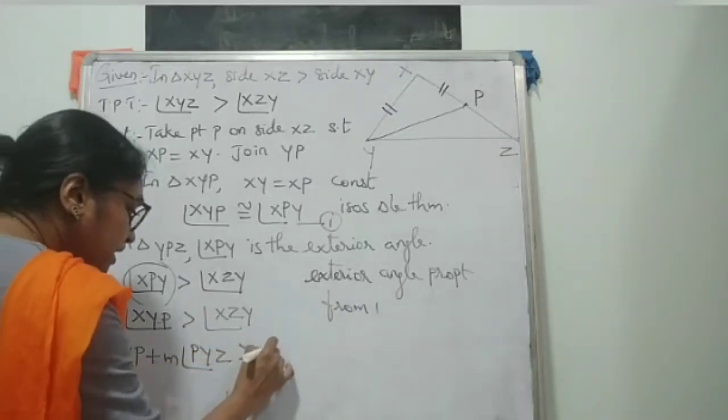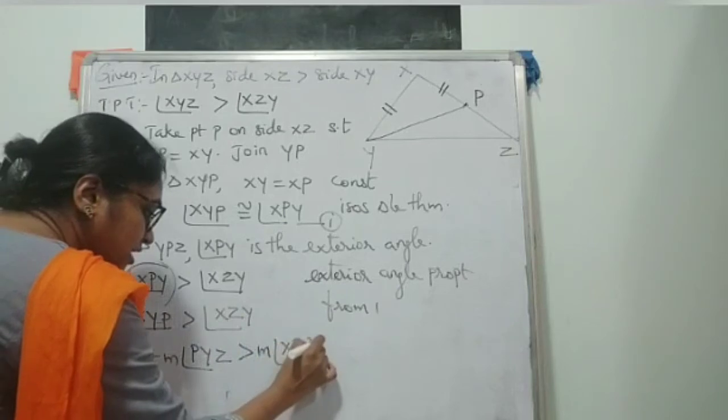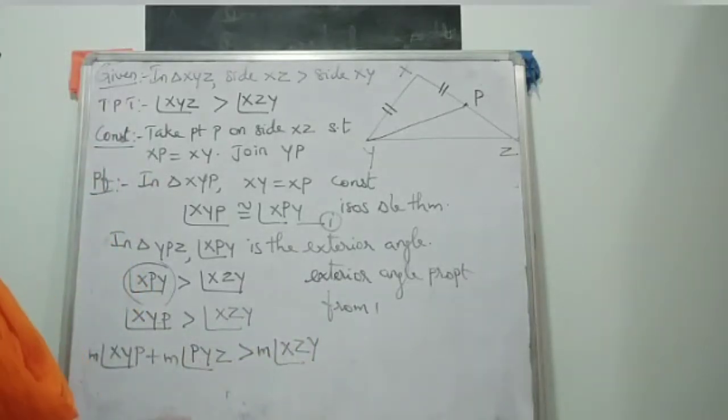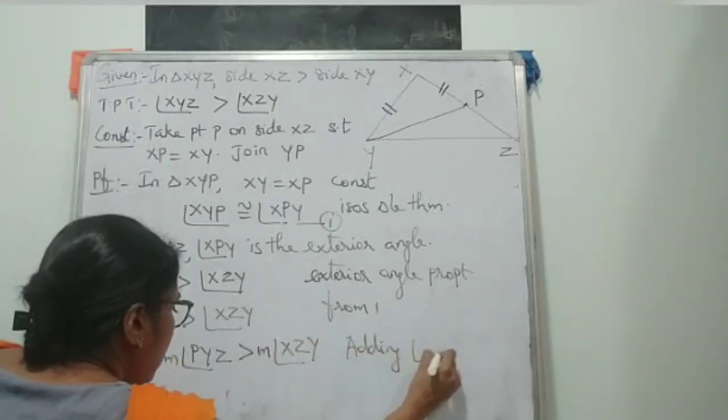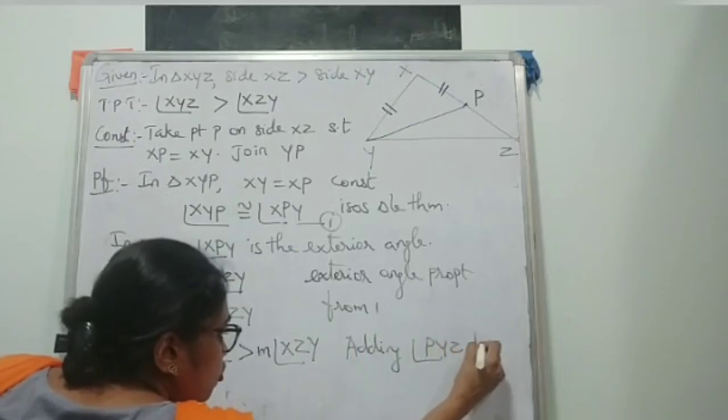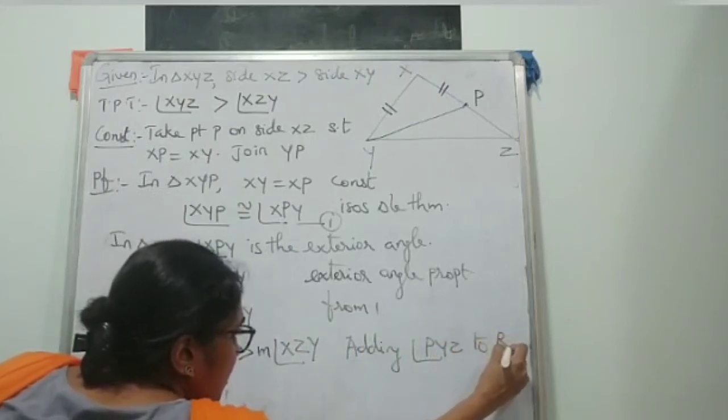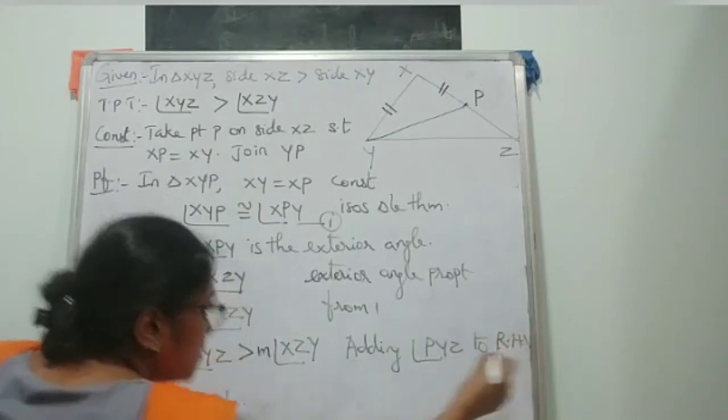So it will be greater than angle XZY. The reason for this step is adding angle PYZ to the right hand side, RHS.